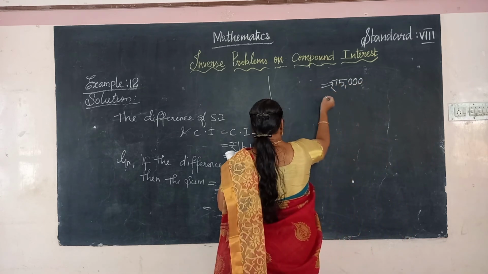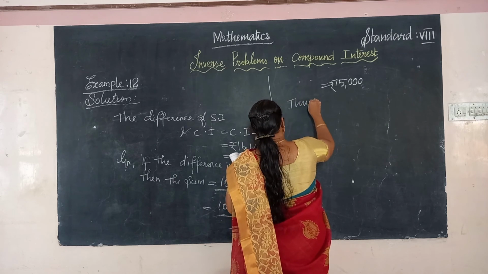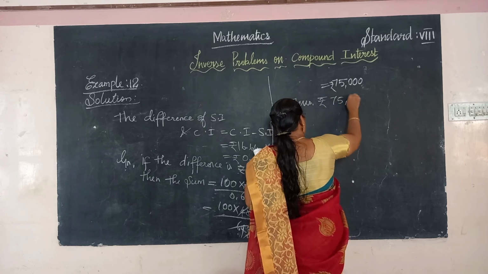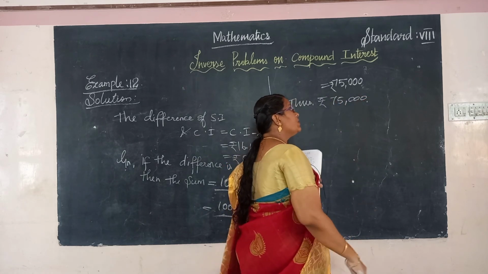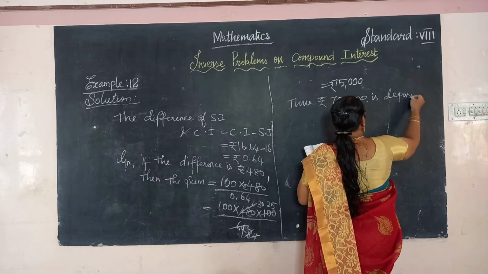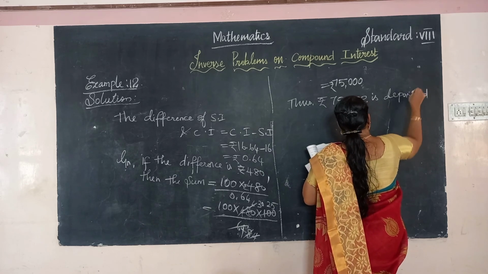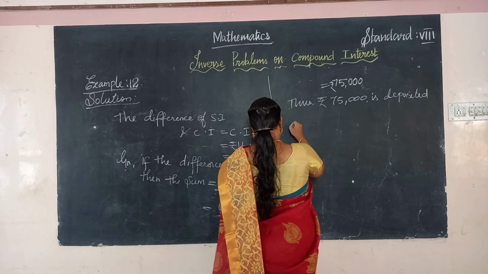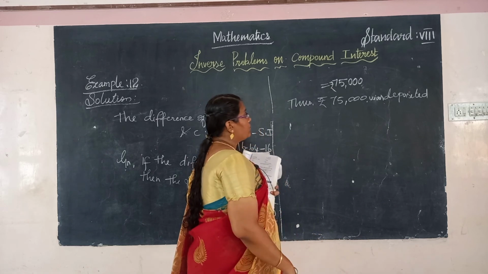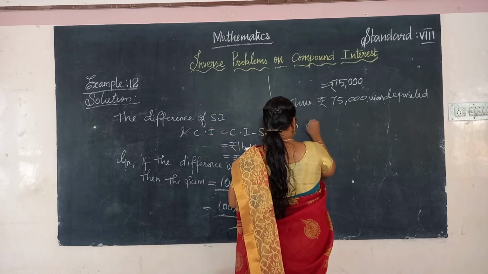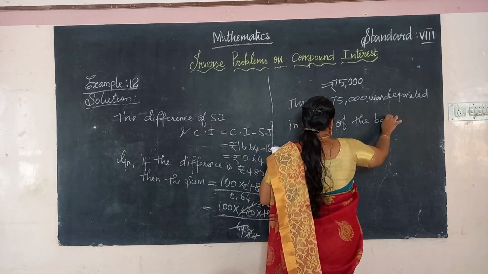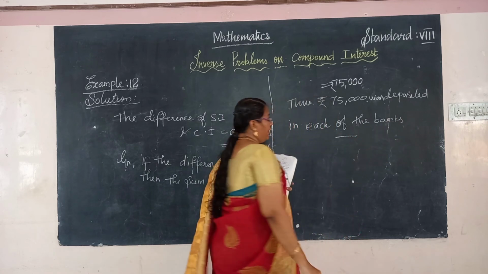That's the deposited amount. Thus rupees 75,000 was deposited in each of the banks.